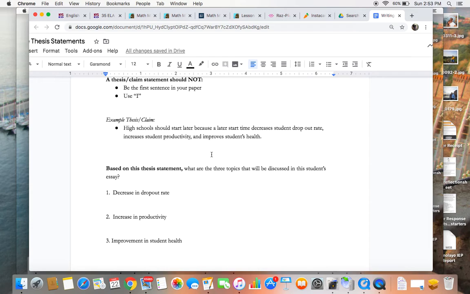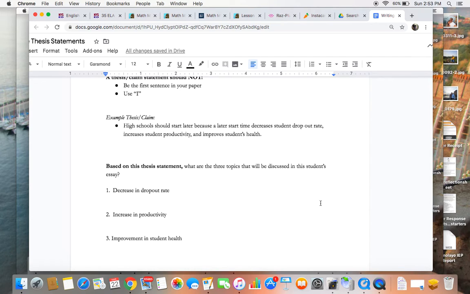It's going to be about high school starting later, and the reasons provided, body paragraph 1, decreases student dropout rate, body paragraph 2, increases student productivity, and body paragraph 3, improves student health. Okay, that's the way to do it. This is a really good example of a thesis statement, and I've written out the answers here for you.